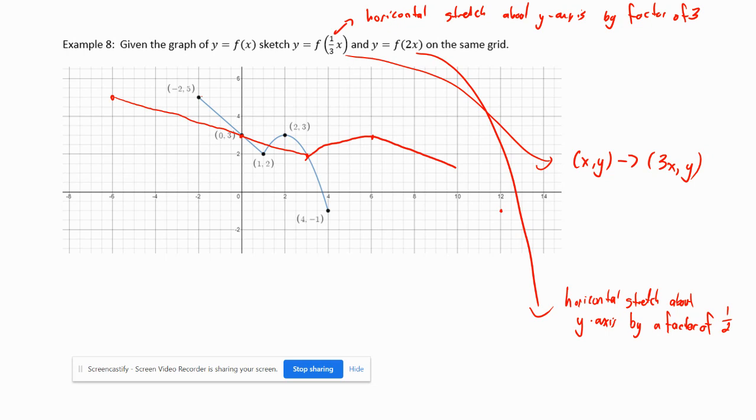In other words, we're multiplying all the x's by 1/2. (-2, 5) becomes (-1, 5). (0, 3) stays the same, it's invariant. (1, 2) becomes (1/2, 2). (2, 3) becomes (1, 3). (4, -1) becomes (2, -1). This graph looks like this and like that. Okay, so this is going to be the stretch over there.